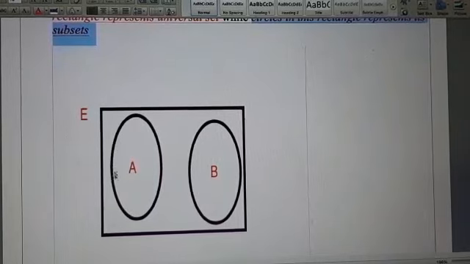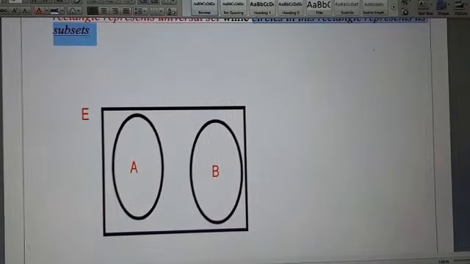Because we have to restrict our discussion to two subsets, I have drawn two circles in this rectangle, which represents the universal set. So this is basically a Venn diagram.